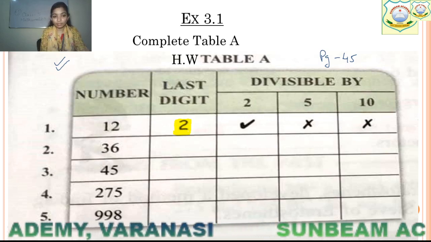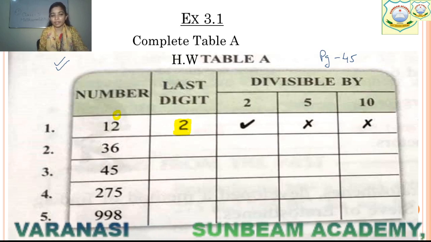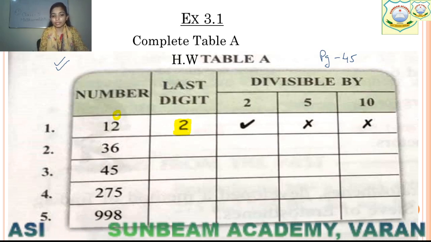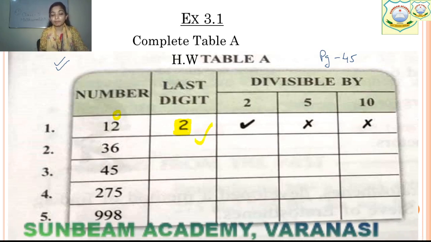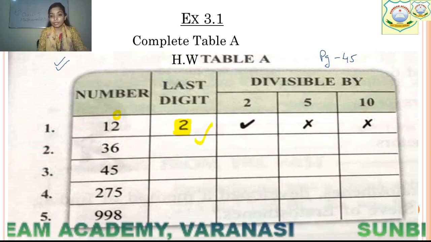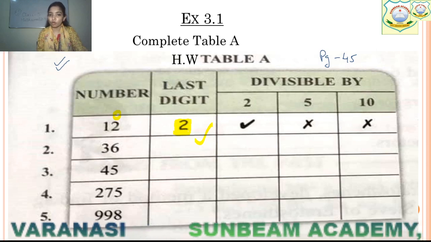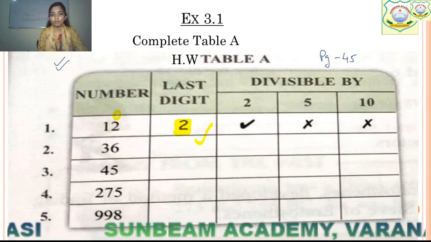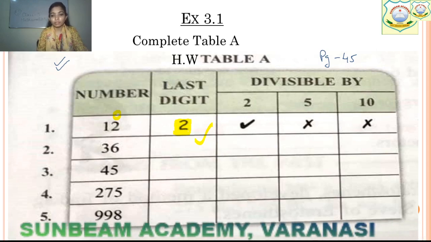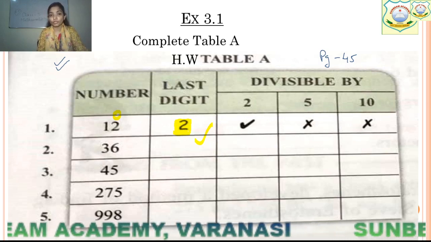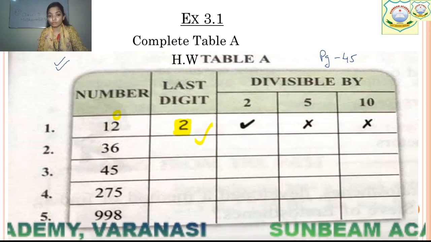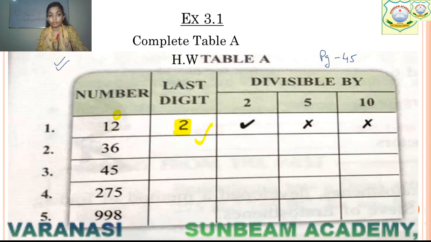So we will be writing the last place in this column, and after that in this column we have to just put a tick mark or cross whether the number is divisible or not. This you only have to do in your textbook, no need to do it in your notebooks, right?